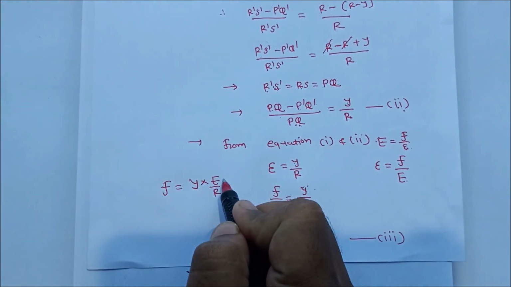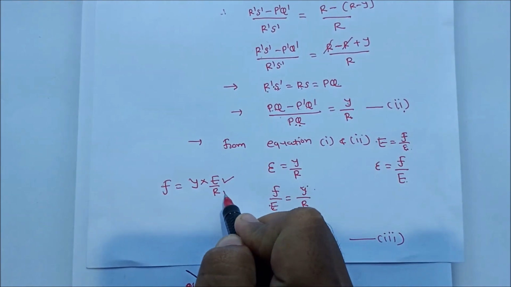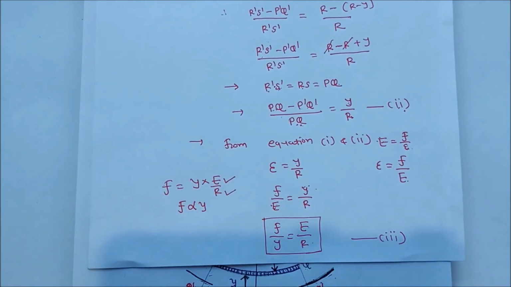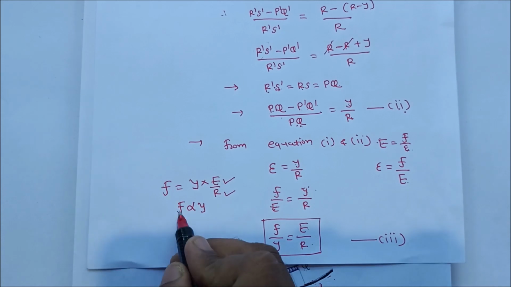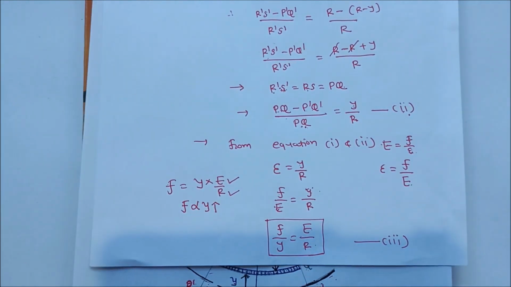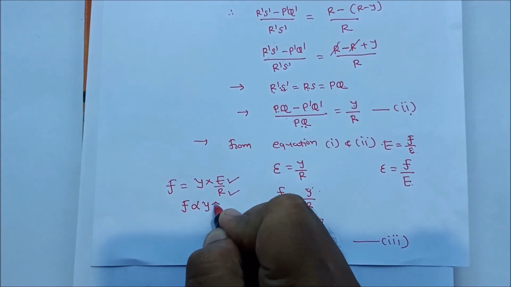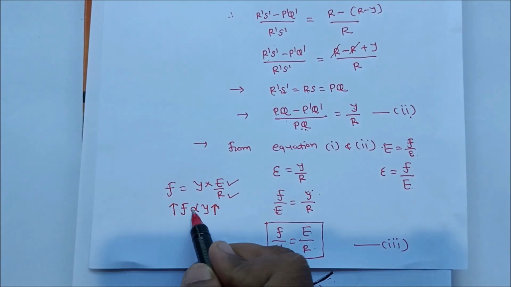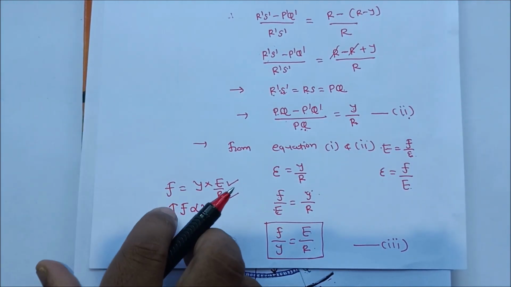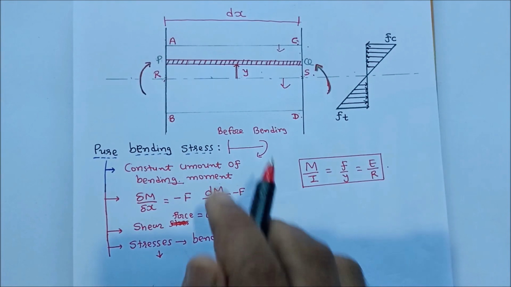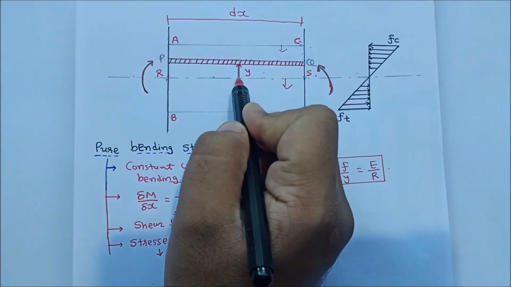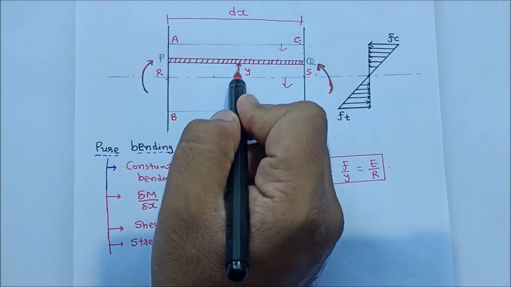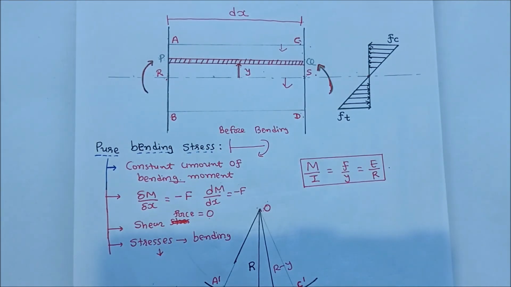So here modulus of elasticity remains constant and radius of curvature remains constant. That's why we can rewrite this equation as F proportional to Y. So bending stress depends on Y. As we increase the distance from the neutral axis, the bending stress also increases, because F is directly proportional to Y. So here it is clearly seen that at Y equal to 0, bending stress is 0, and as we go upward, the distance Y increases and bending stress also increases.